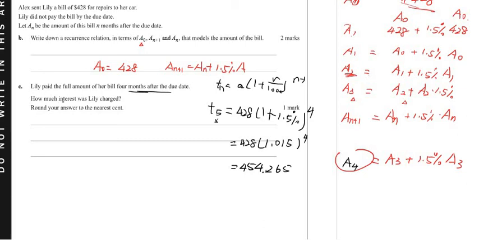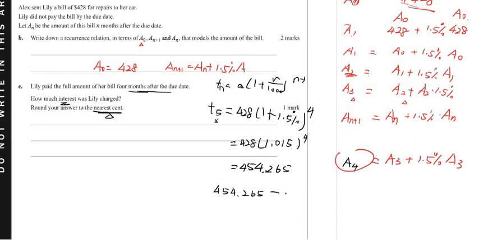Now, first of all, the question asks us to find out what's the interest that she needs to pay, and secondly, it asks us to round it to the nearest cent. This is the total amount of money that she has to pay. The interest will be that minus how much she was originally charged.